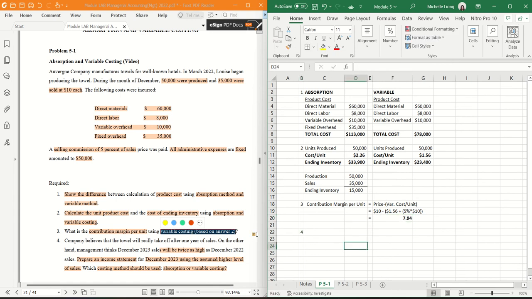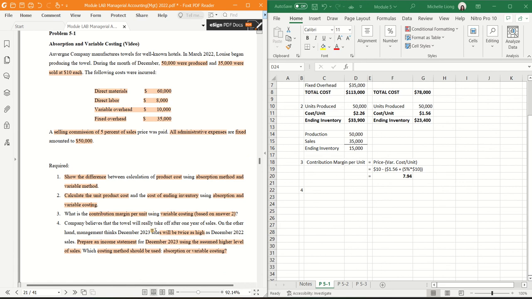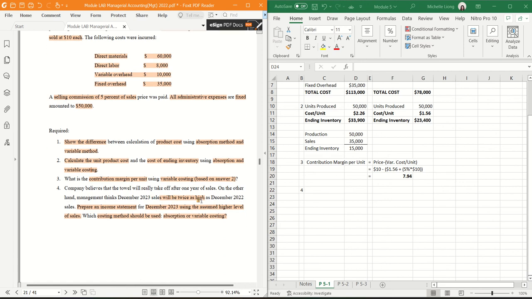Continue to number 4. They believe that the tower will take off, right? So we actually need to know how much is the products produced. The first one is they told us that the sales will be twice as high as December 2022 sales.